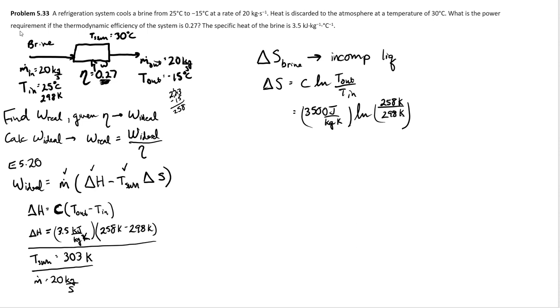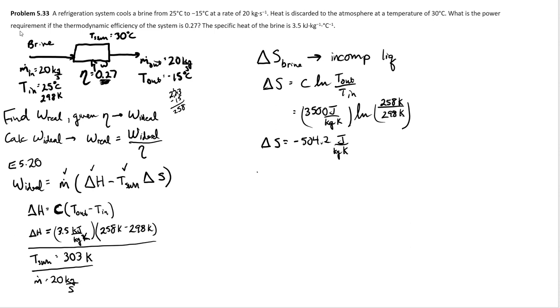The Kelvins cancel. And delta S of our brine is minus 504.2 joules per kilogram Kelvin.